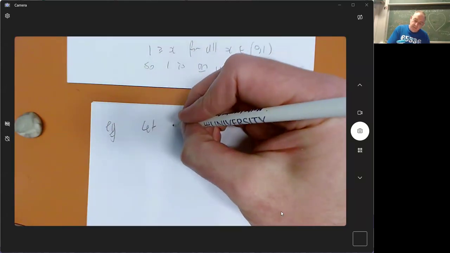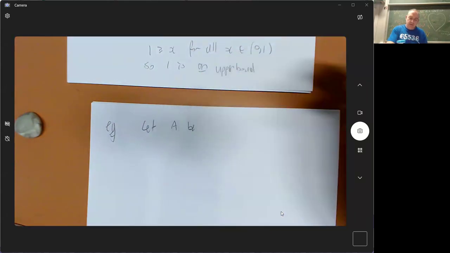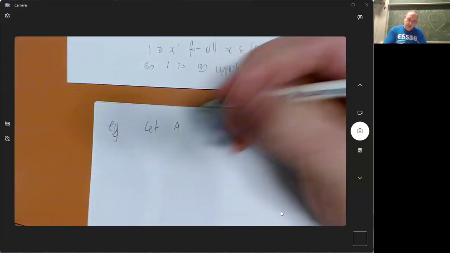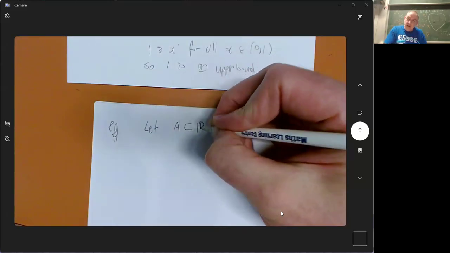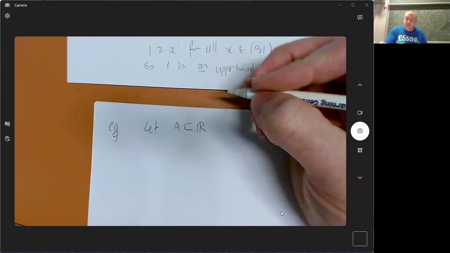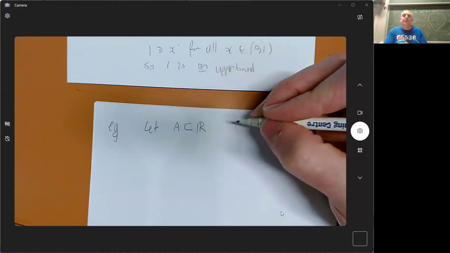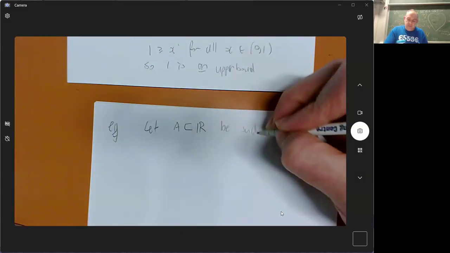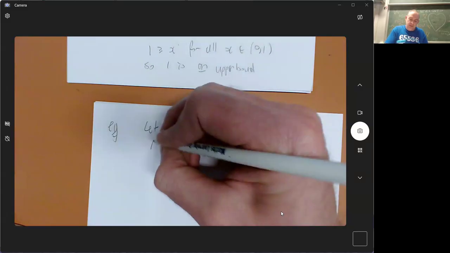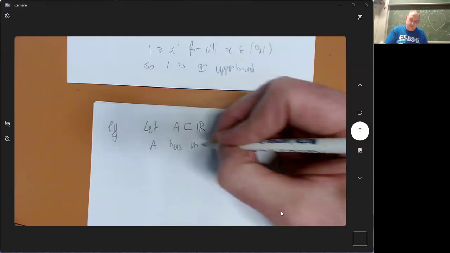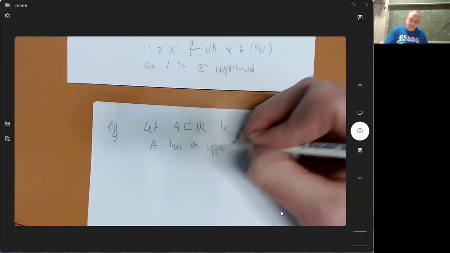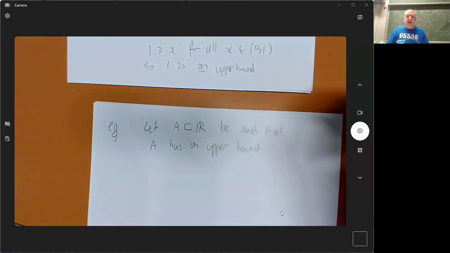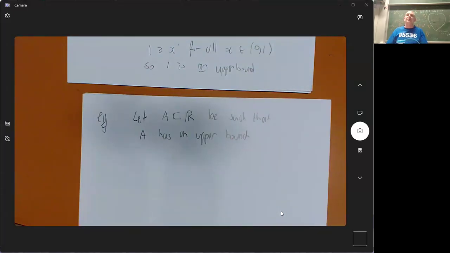Let the set A contained in R be such that it has an upper bound.